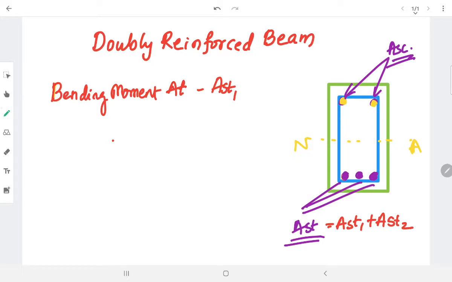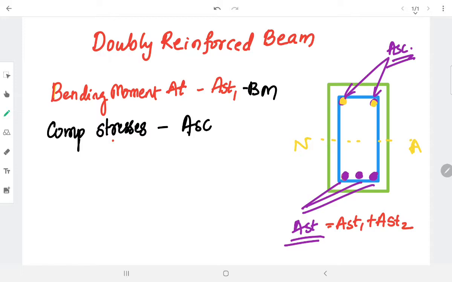Ast1 is to resist the bending moment, and for the higher compressive stresses we are going to find the value of Asc, the area of steel in compression, to avoid the higher compressive stresses or to reduce the strain in the beam.